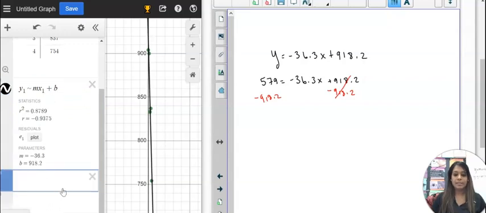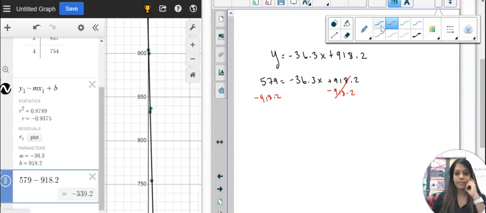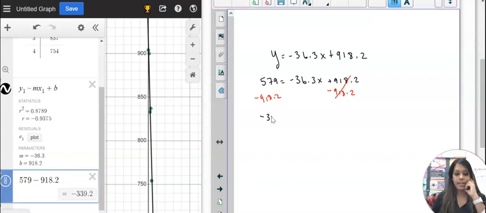Let me throw that in Desmos. 579 minus that, and so that's negative 339.2 equals, just copy this down, and then finally the last step is divide both sides by negative 36.3.